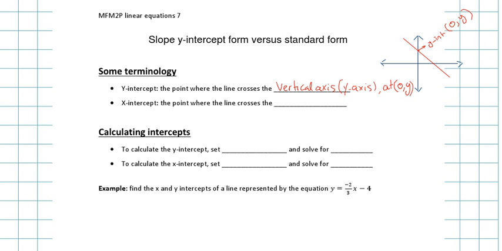The x-intercept is the point where the line crosses which axis? The horizontal. Or in other words, the x-axis. Right? And the point is noted as x, 0.